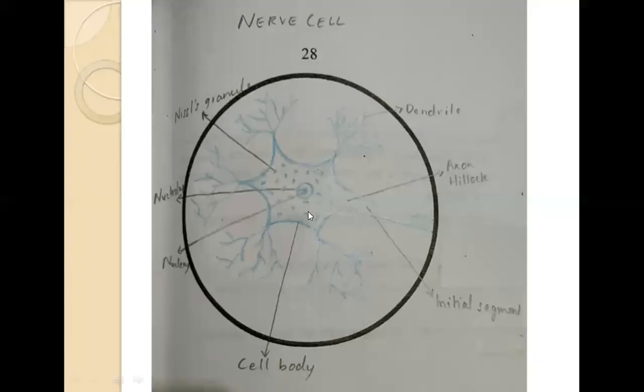You're drawing the Nissl substance as basophilic oval structures. Nissl body is absent in the region of the axon hillock. And there are many multiple branched processes in the cell body called the dendrites, and a single long process called the axon. The region of the cell body where the axon originates is called the axon hillock, and the initial portion of the axon is called the initial segment. This is how you draw the diagram of the nerve cell.